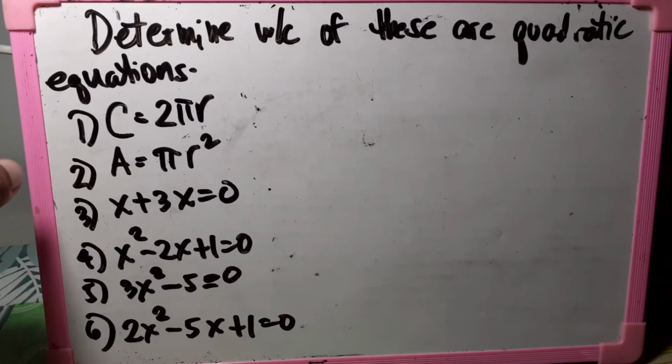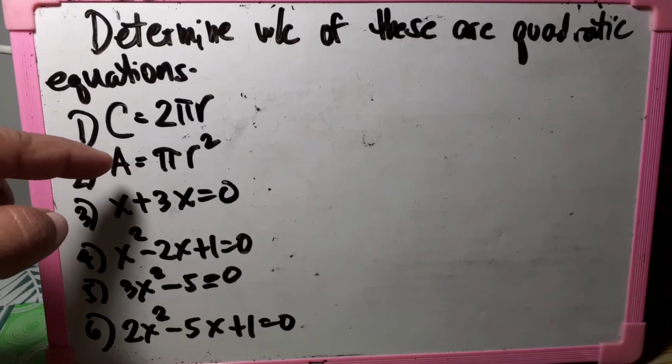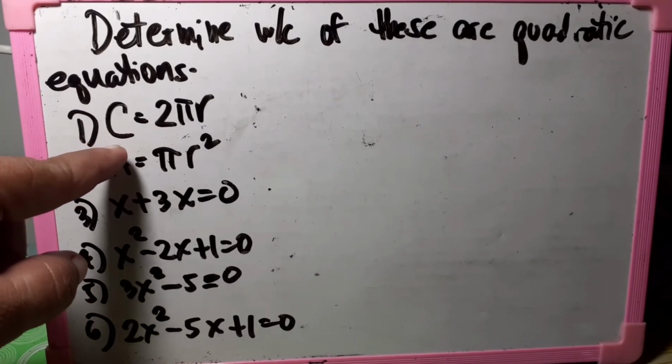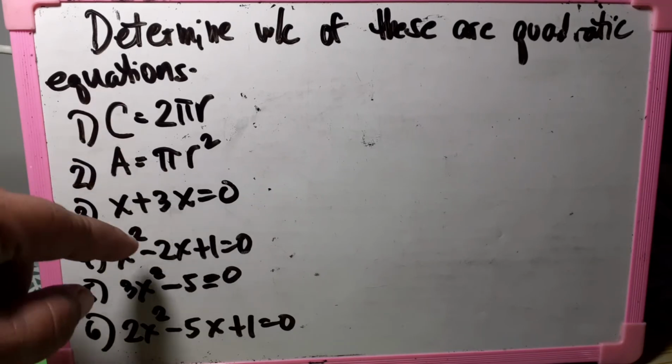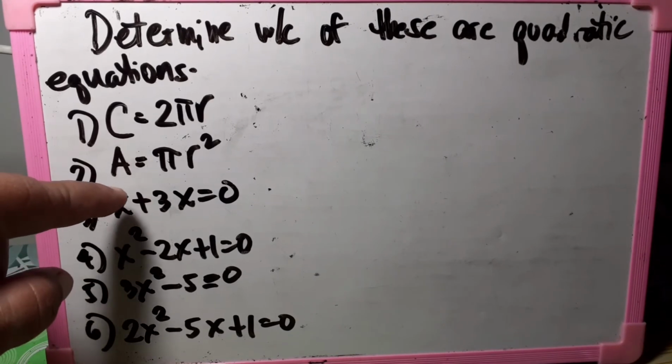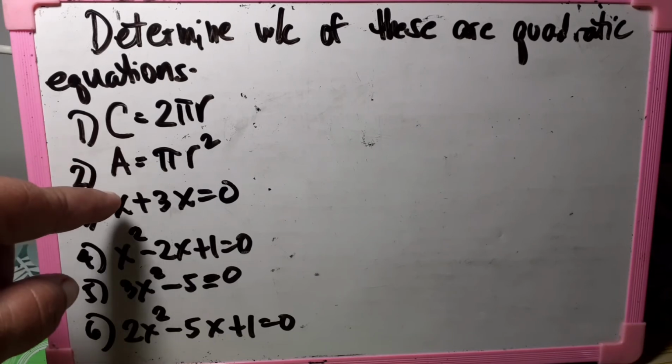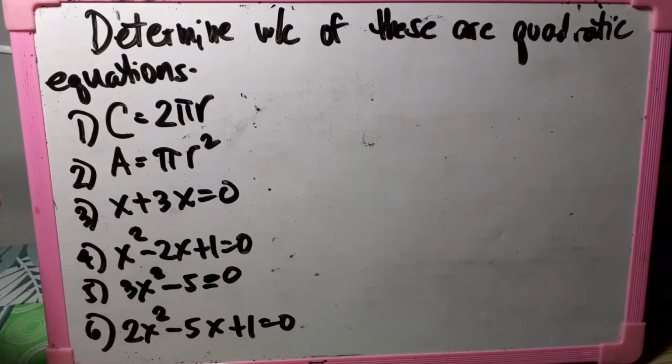Number one, C equals 2 pi r, the circumference of a circle. Number two, A equals pi r squared. Remember, this is the area of a circle.